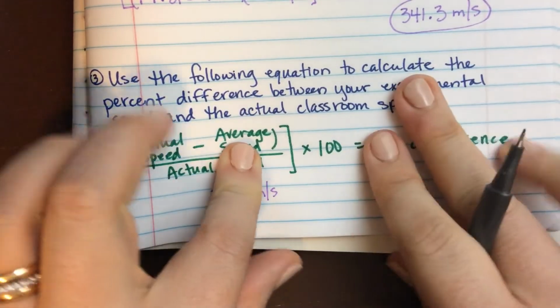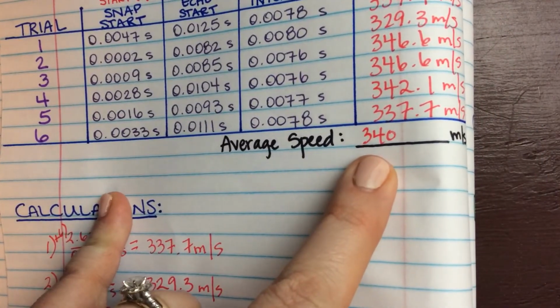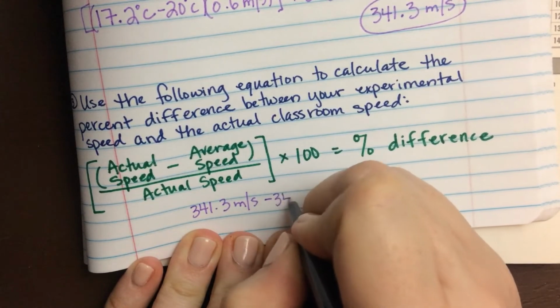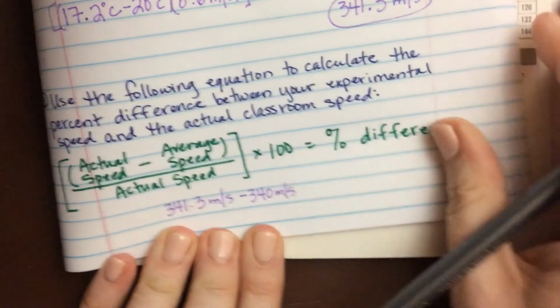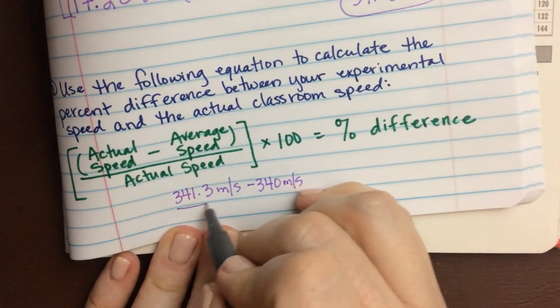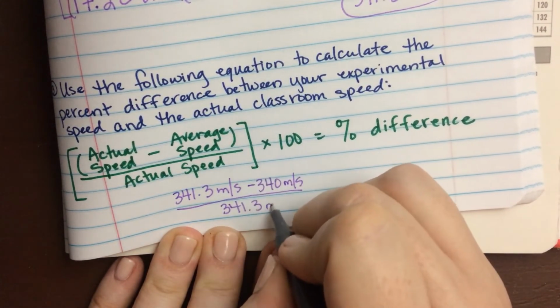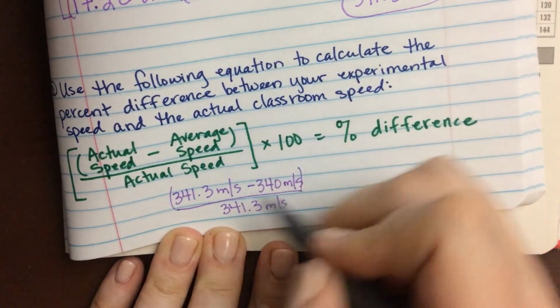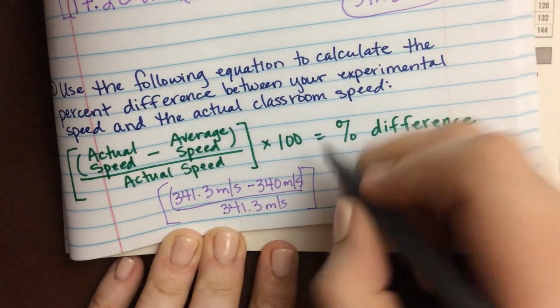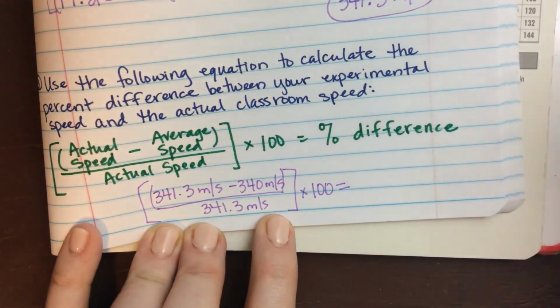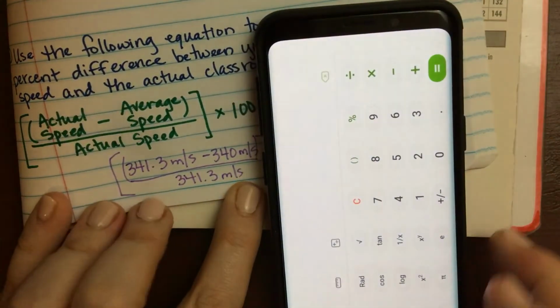The average speed is whatever you got way back in your data chart. Mine is 340, yours will be different. I take that and put it over the actual speed again. Once I've done that, I multiply by 100 to get my percent. So let's plug that into the calculator.